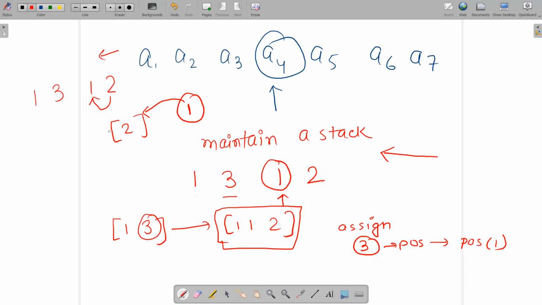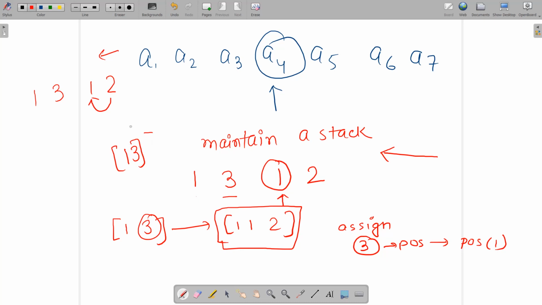It means that 2's next smaller element is at this position. So I will assign the next smaller element of this 2 as the position of this element. I will pop out this element and insert 1 into the stack. Note that 2's next smaller element is over here. Now again 3 will come. Now 3 is strictly greater than 1, so I will push 3 into the stack.